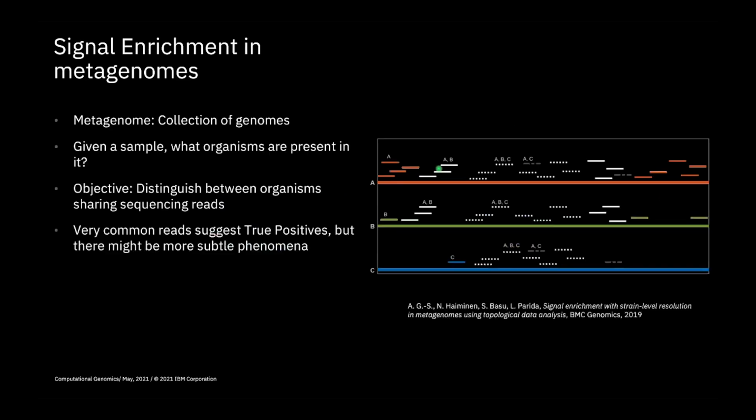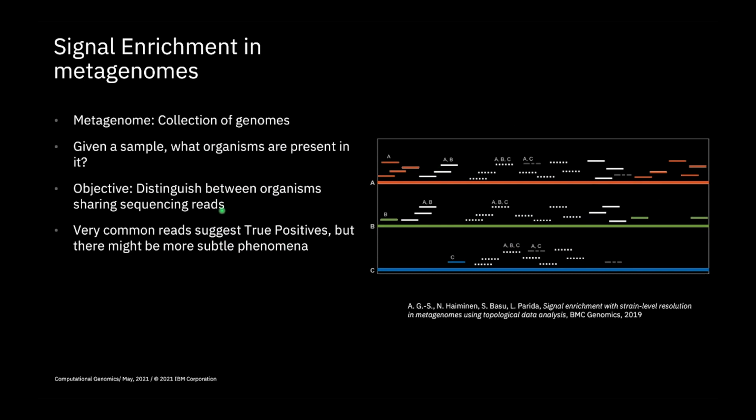And the problem is then to say, okay, I have all of these short sequences of DNA, which are called reads, and given a bunch of these, I want to say what organisms are present in my sample.